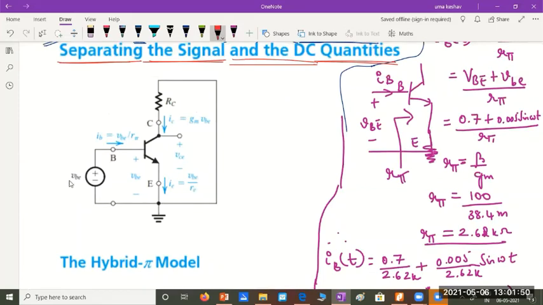For the same circuit, I'll just consider the small signal AC input VBE, base emitter voltage, small signal base current IB. Remember, IB could be defined as input voltage by the resistance as seen. So the resistance seen from base to emitter is R pi. So I can write IB as VBE by R pi.